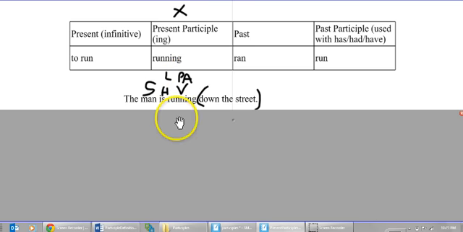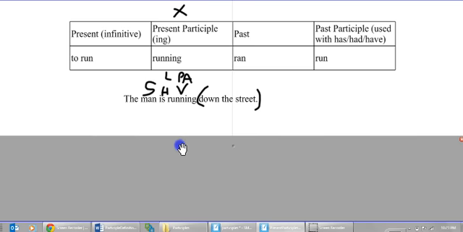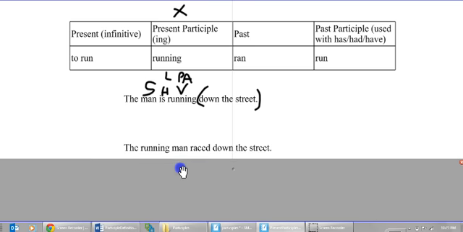Now, when we talk about participles, we can move them into the adjective position. So now if I change my sentence, my new subject is man. Okay, same as that one actually. Now the verb that's working with him is raced. So this is the clause, man raced.